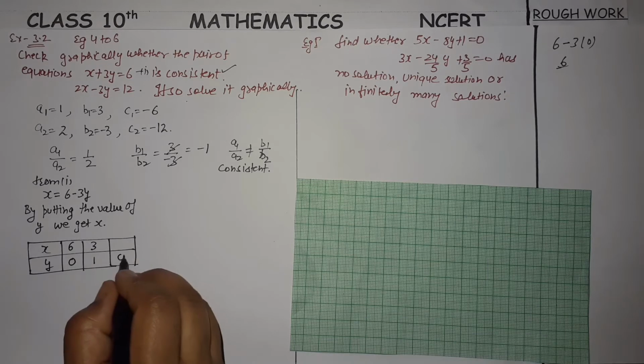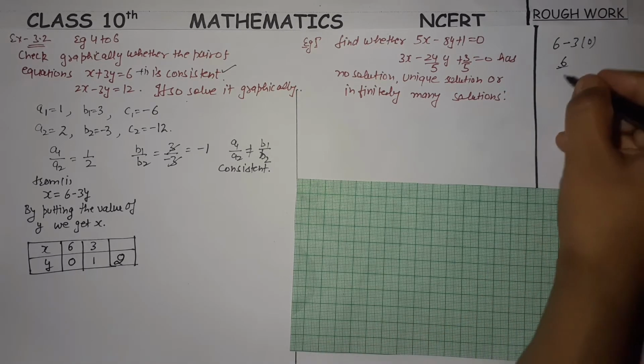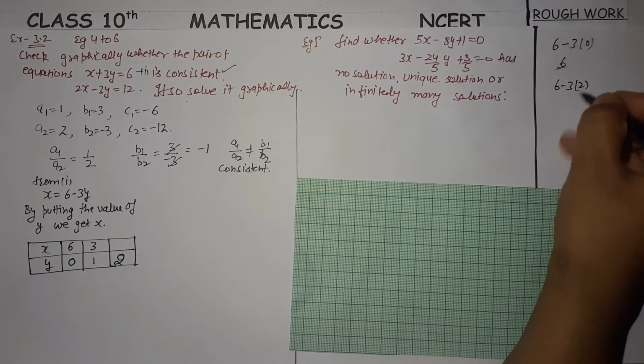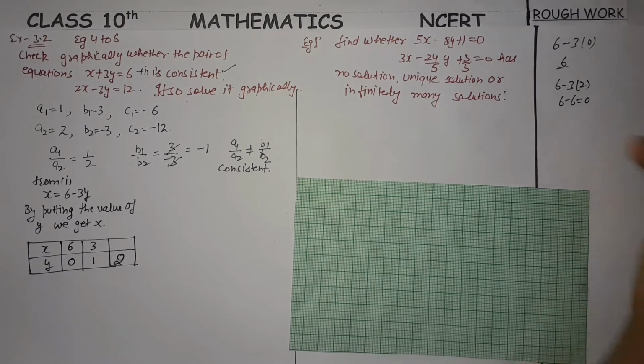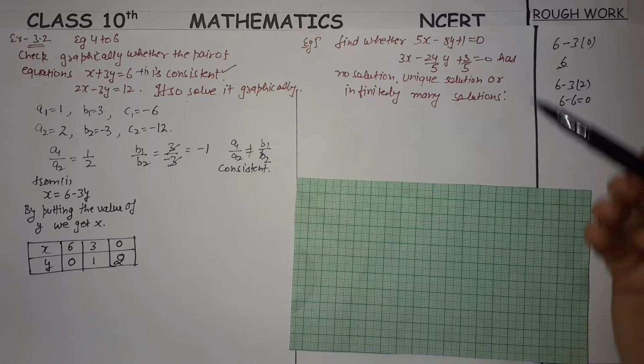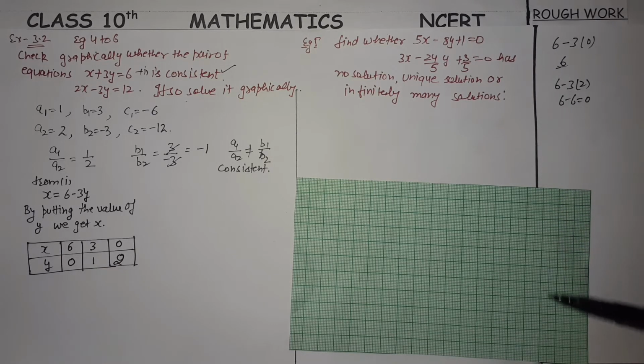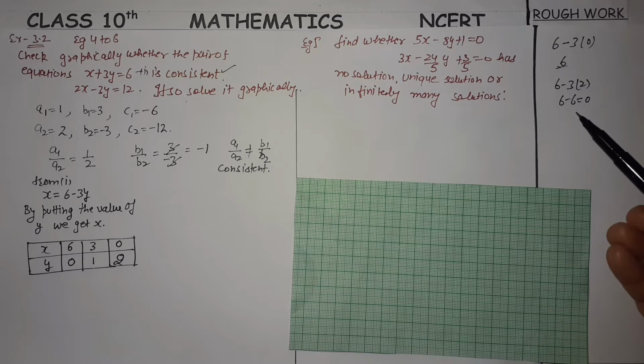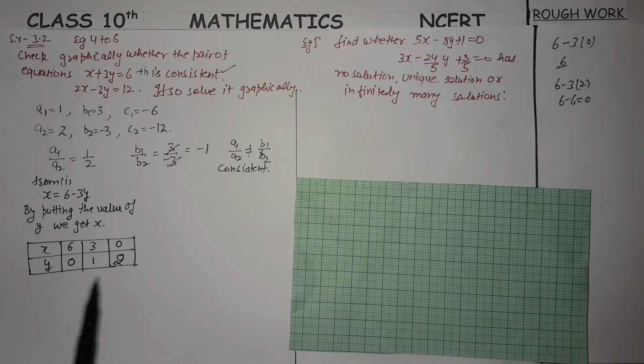Put y as 2. 6 minus 3 into 2. 6 minus 6 makes 0. Mark a line on the right side of the page for rough work in the notebook. Here these are solutions of equation number 1.